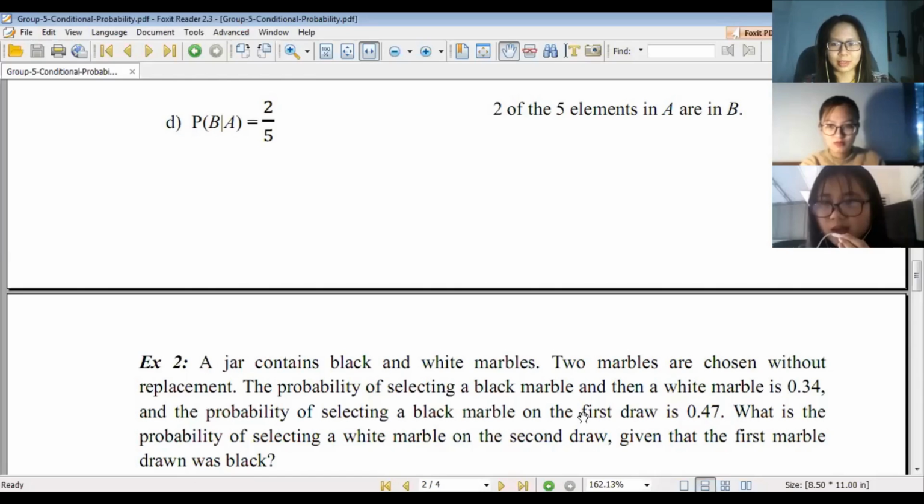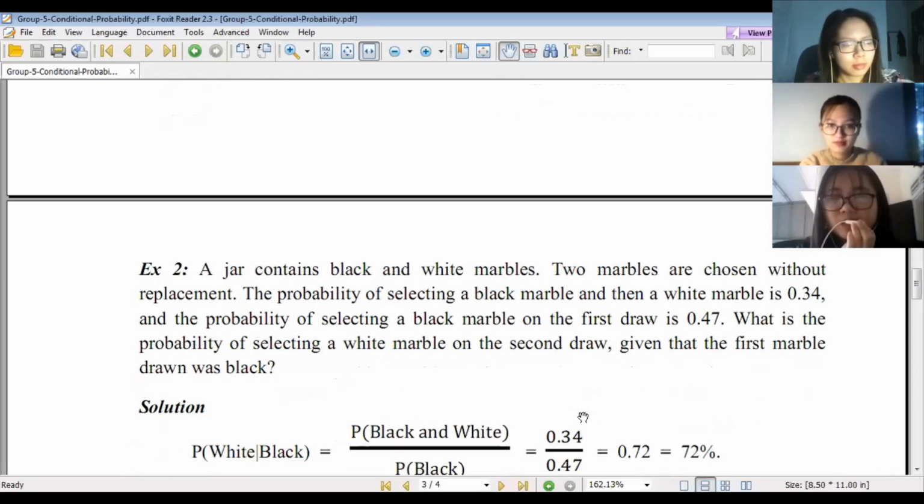So applying the structure, the result is 0.34 over 0.47. After calculating, the result is 72%. So it's just applying this structure only.